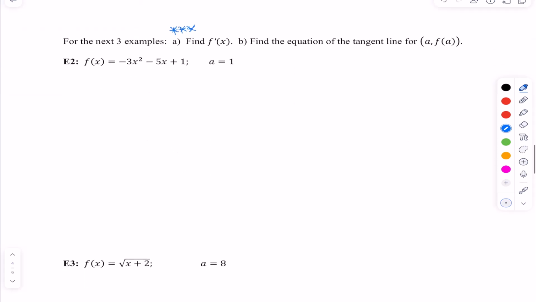Let's go ahead and dive into an example where we're trying to find the derivative function. And then, if possible, we'll find the equation of the tangent line for the point of tangency. So the goal is to find the function first, then we'll talk about the slope of a tangent line at a specific a value.